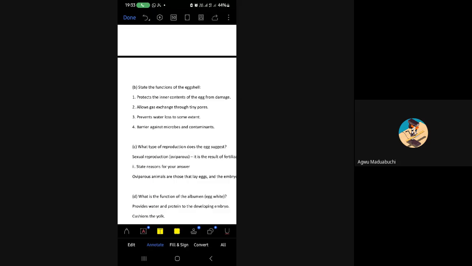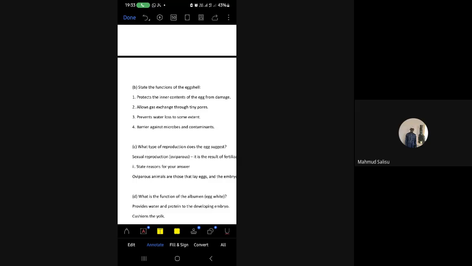When we say something is permeable, what does it mean? It allows materials to move in or move out, although selective materials. So it allows exchange of gases.